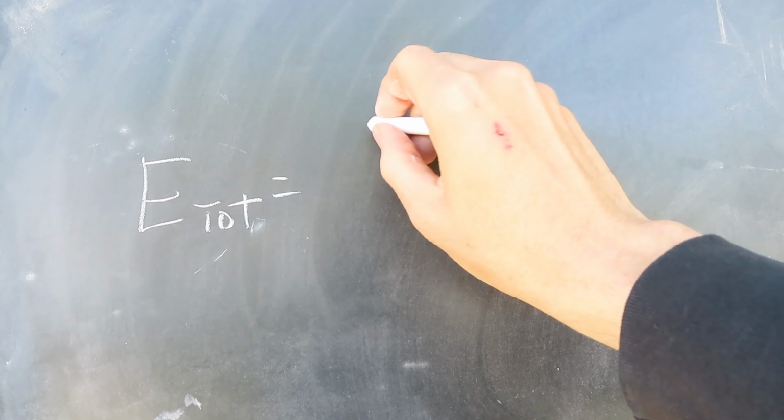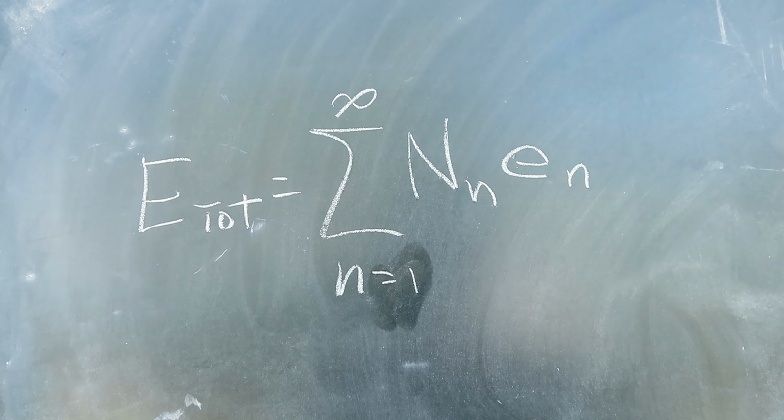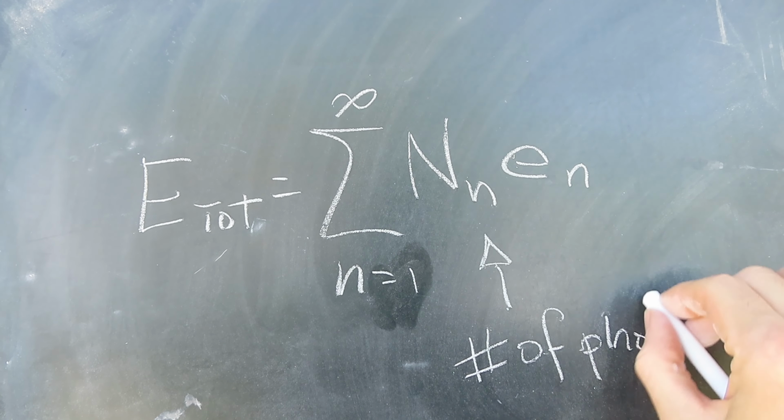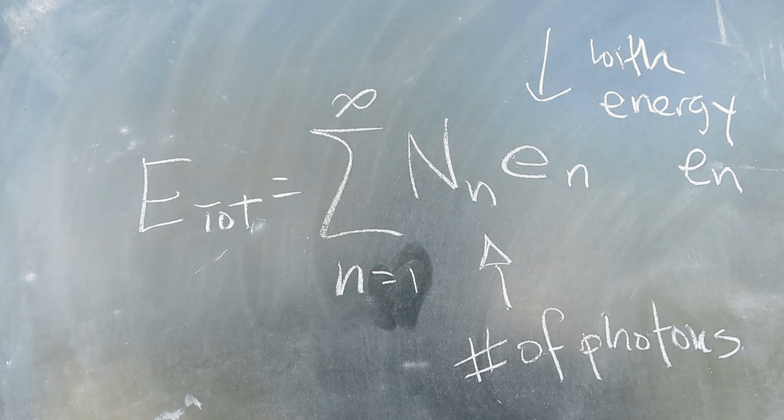That is, we can rewrite our sum of the total energy as a sum over little n from 1 to infinity of N sub n times little e sub n, where now N sub n counts the number of photons of wavelength lambda n. In this form, we immediately notice two things.